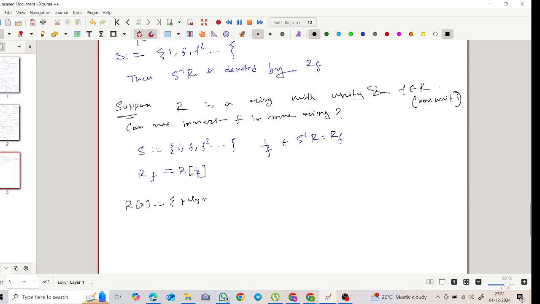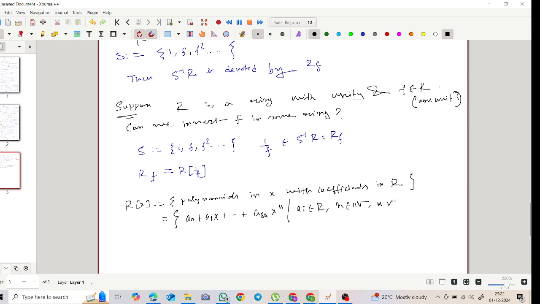This denotes polynomials in X with coefficients in R. That is a0 plus a1x up to an x to the power n, where ai belongs to R and n belongs to the natural numbers.